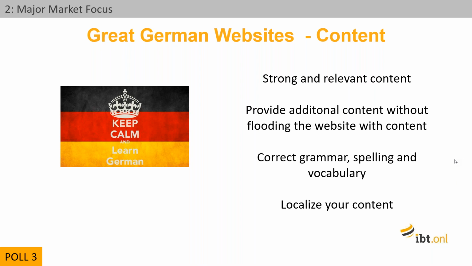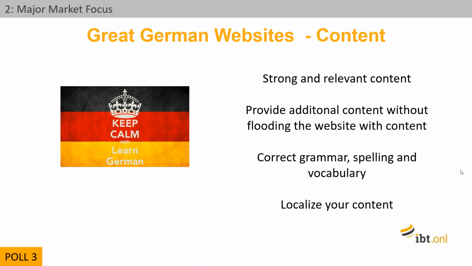Germans like specifications or additional information or even application examples, but you shouldn't flood the website with too much content on a single page. One good practice would be to display the most relevant content on the website and then provide additional information through downloadable documents like PDF files.